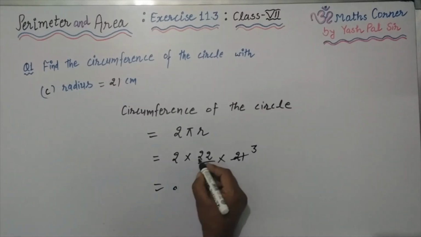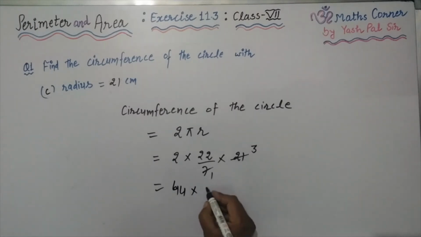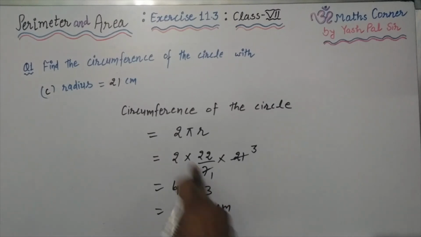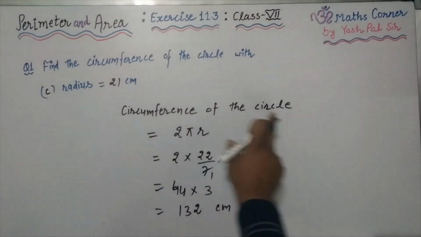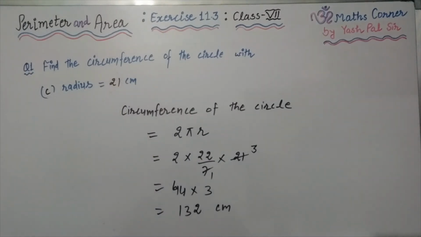So we have 2 into 22 is 44 into this is 3. So multiplying this, 4 into 3 is 12, 12 plus 1 is 13, 132 centimeter is the circumference of the circle when radius is given to be equal to 21 centimeter. This was our question number 1.